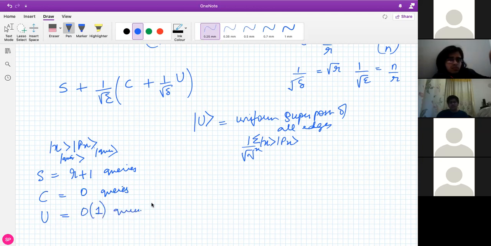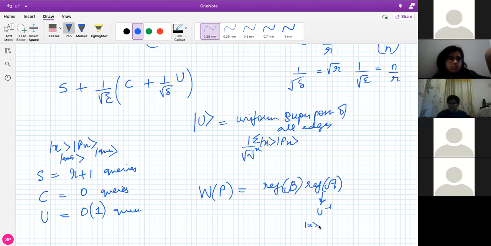And that is because, remember, my update was one application of W_P, which was a reflection about the B subspace, and another reflection about the A subspace, which we had seen was the inverse unitary of this. This reflection about the A subspace was something of this form, right?